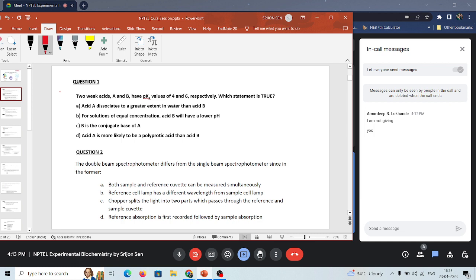B is the conjugate base of A. Acid A is more likely to be a polyprotic acid than acid B. So which of the following statements do you think is correct?